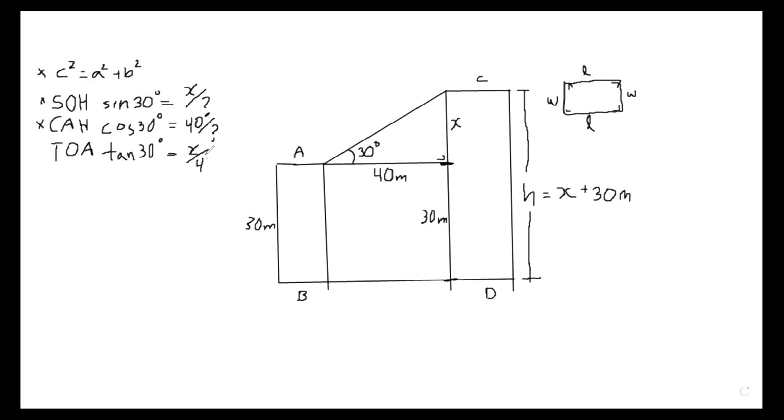So we do have something to work with for tangent. But notice when it came to SOH and CAH, we were just missing too much information, just like in the Pythagoras problem. Okay, so there we go.